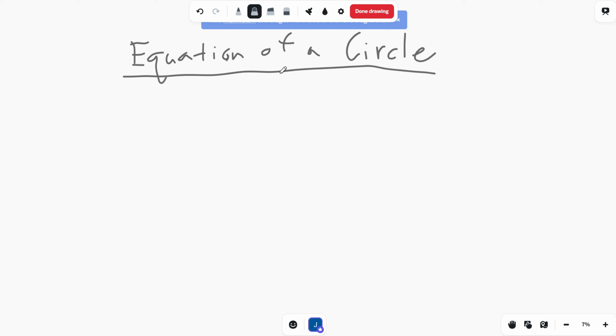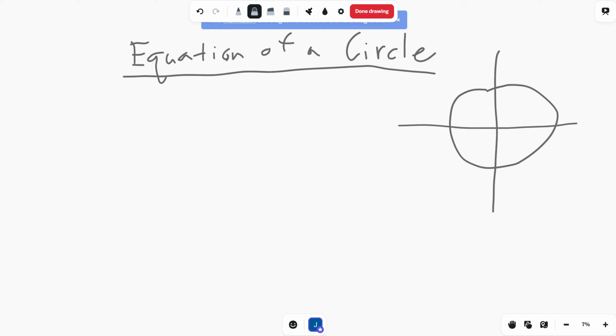Now, let's begin. When it comes to the equation of a circle, typically we are able to see it as a circle on an x and y plane. Now, you may be wondering, how is the equation of a circle correlated to how it looks?